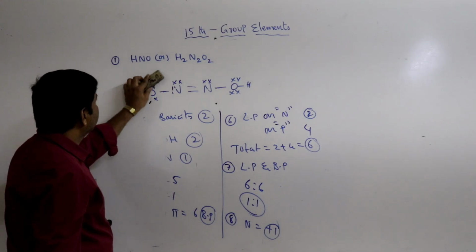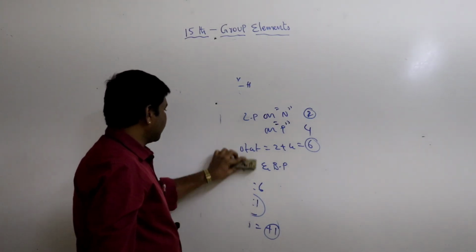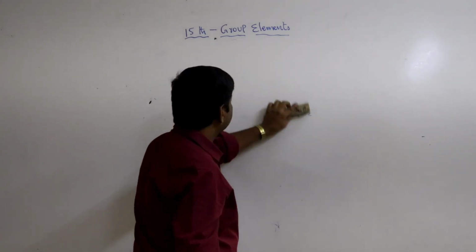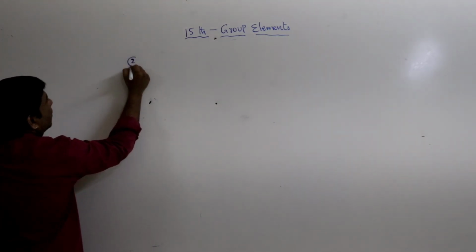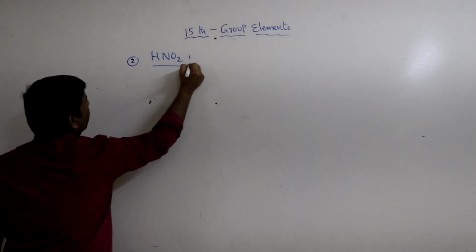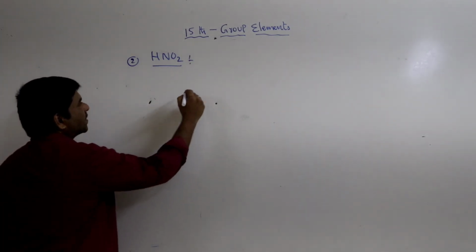Another compound is nitrous acid. Second one is nitrous acid. Nitrous acid formula, you know that it is HNO2.